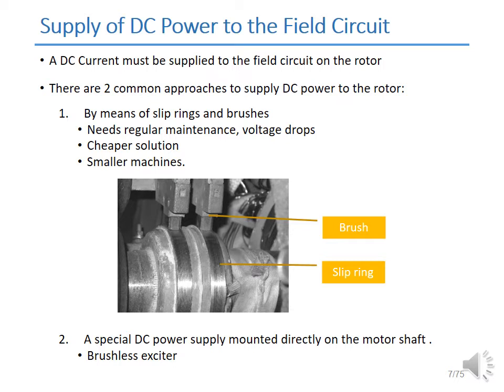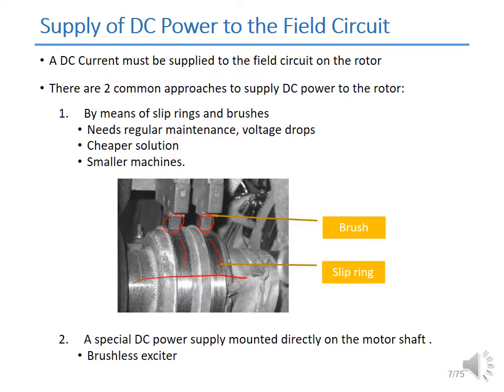This bit here will be rotating with the rotor, and we supply the power through this spring-loaded brush, which makes contact with this slip ring, which rotates with the rotor.